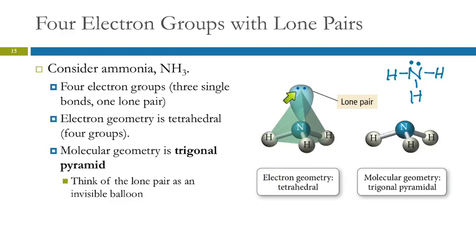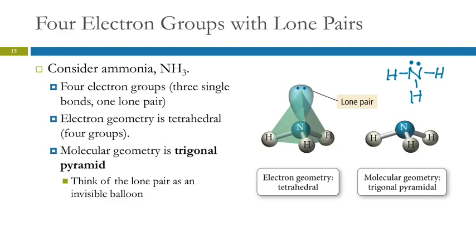Okay? Because this is a pair, this is an electron group, and so it's going to repel those bonds, just like the bonds repel each other. When we talk about the molecular geometry, though, we're just looking at where the atoms are. So I think of this lone pair balloon as being clear, it's invisible, right?